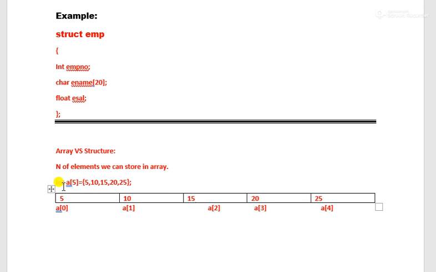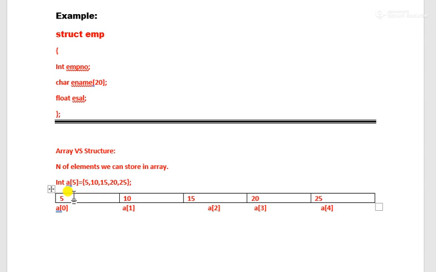If I declare float, it will only accept float values; it will not accept integer or character. So we cannot do this in our array. Only homogeneous data elements we can store. Either all elements should be integer, or float, or character. Always homogeneous elements are allowed to be stored using arrays.